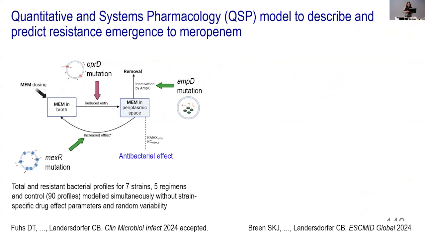This model could describe the responses of all of the 7 strains, different treatment regimens, 90 profiles in total. And just briefly, the way this model can predict it is by including the effect of those different resistance mutations on the meropenem concentration at the target site in the bacterium.